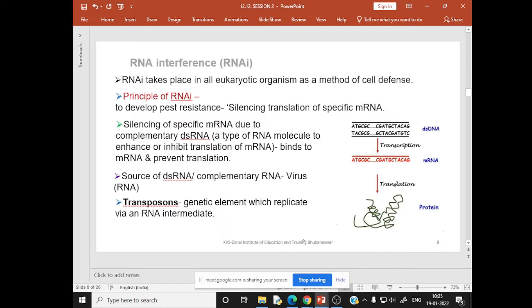Now, how does it work? What is RNA interference and what is the technology? RNAi takes place in all eukaryotic organisms.